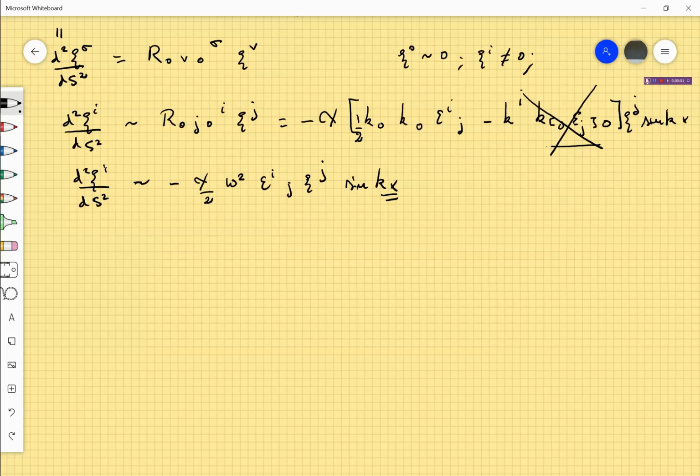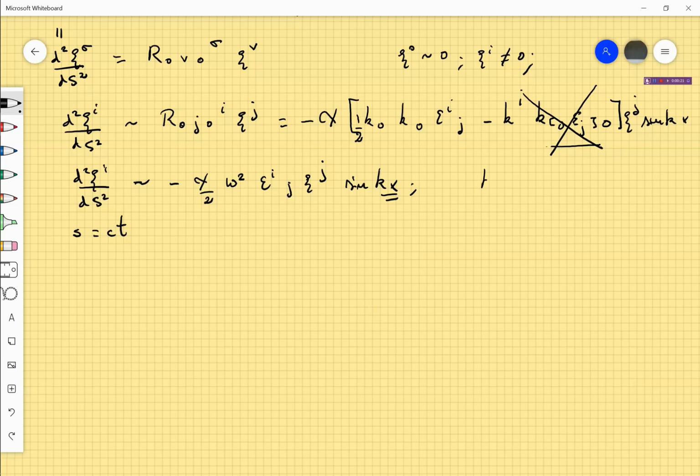This is almost the equation that we are going to solve in the end. We just have to express it in terms of the coordinate time. First of all, this s is going to be c times t because of the slow motion that we have assumed.